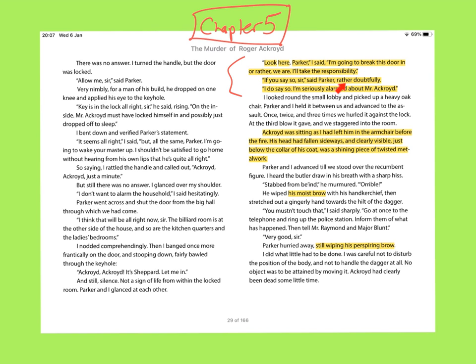"If you say so, sir," said Parker rather doubtfully. "I do say so. I'm seriously alarmed about Mr. Ackroyd." So look at that veneer or persona. He's portraying the dynamic, heroic doctor concerned for the citizens and his patients, if you like, in this community.